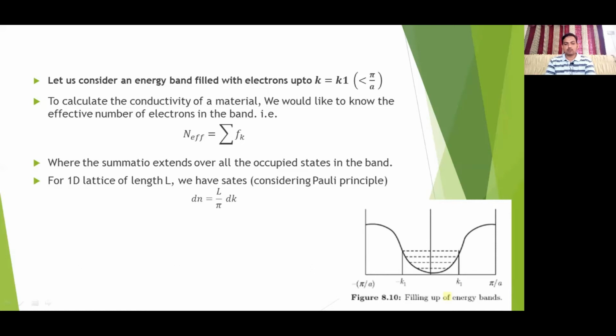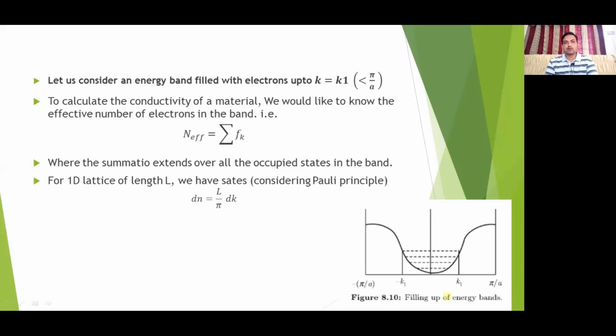We have to know the actual extent to which electrons effectively exist in the band. The extent of finding a free electron is f_k. If you sum all the extents, you get n effective, where the summation extends over all occupied states in the band.